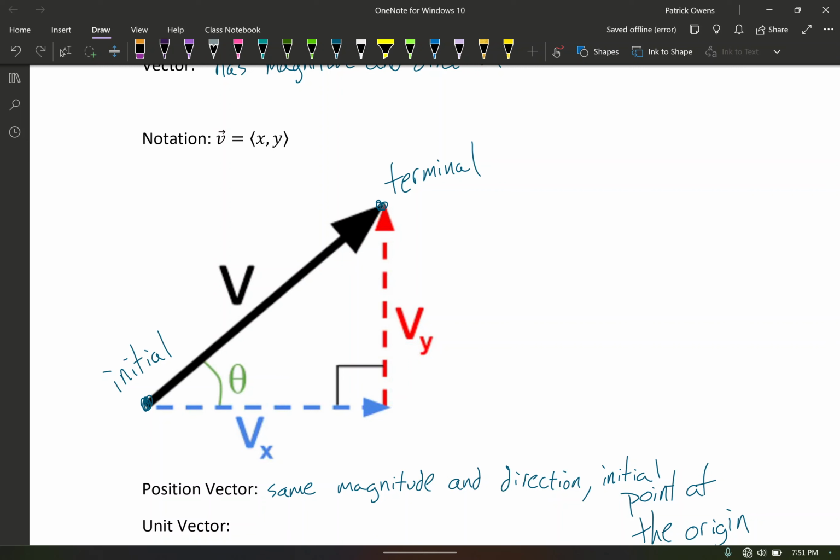Every vector, our magnitude is going to be the length of the vector, and then the direction is just how far it gets rotated, identified by this angle theta here. This should look very familiar from when we were looking at polar coordinates.